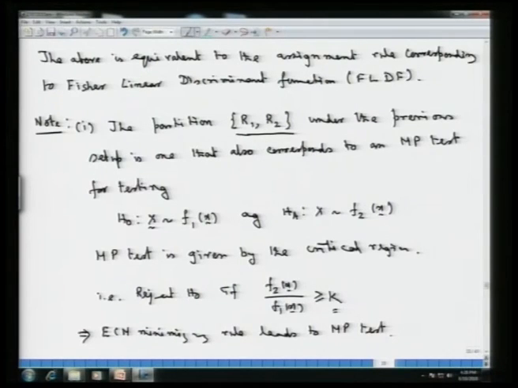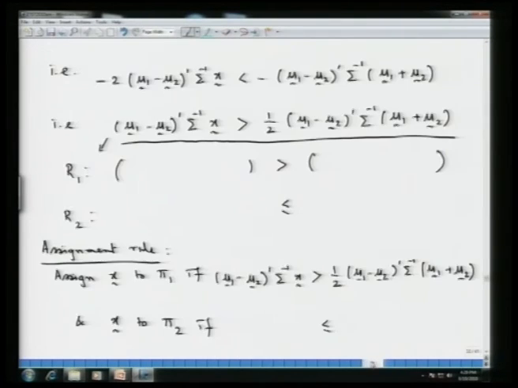So, suppose alpha belongs to (0, 1), any value between 0 and 1; we will be choosing k in such a way that the size condition is satisfied. However, the ECM minimizing rule is f2(x) by f1(x) greater than or equal to 1 in the region R2. So, that is the partition corresponding to the ECM rule, and which thus corresponds to the MP test only.